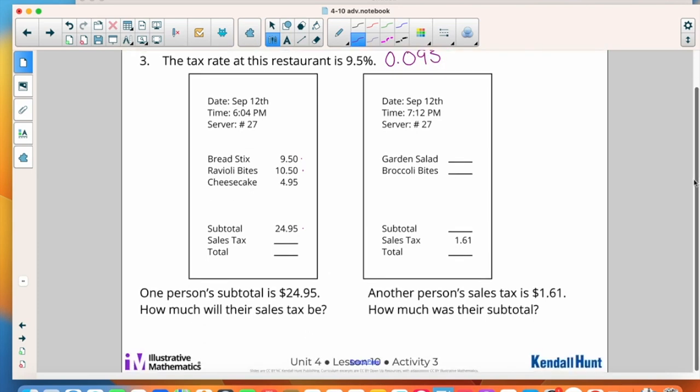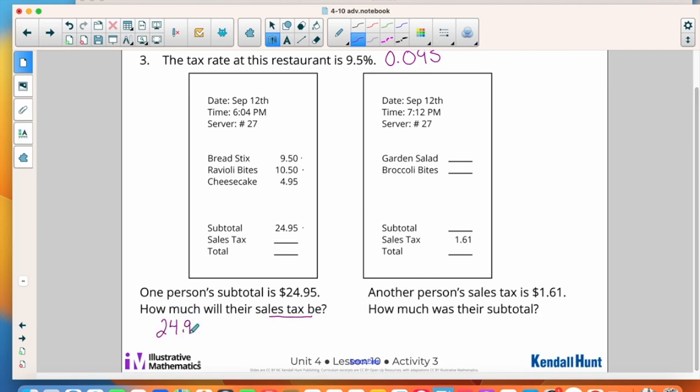How much would their sales tax be on their subtotal? So we're just going to multiply $24.95 times 0.095, and we get 2.37025. But we have to round because of money. So I look over, that's a 0. So the sales tax is going to be $2.37.